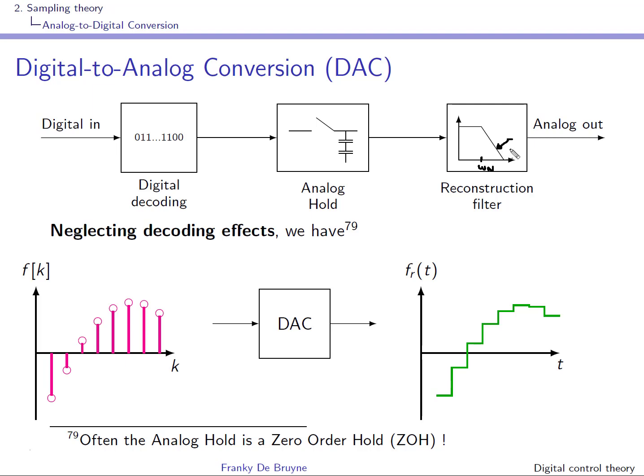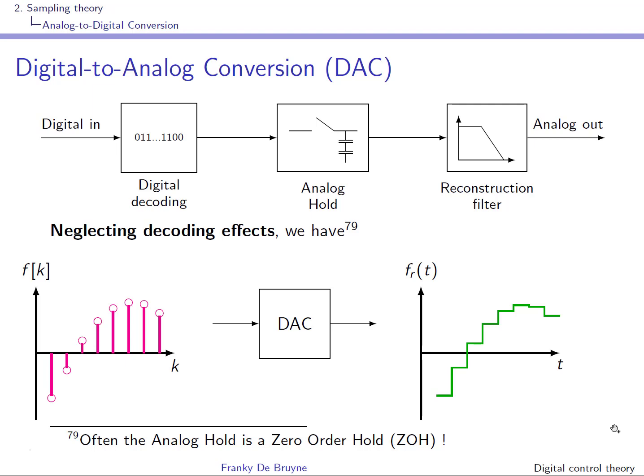What is done sometimes also is to use a filter that will invert the distortions in the frequencies of interest, from minus the Nyquist frequency to plus the Nyquist frequency. After this filtering operation you recover an analog output signal.